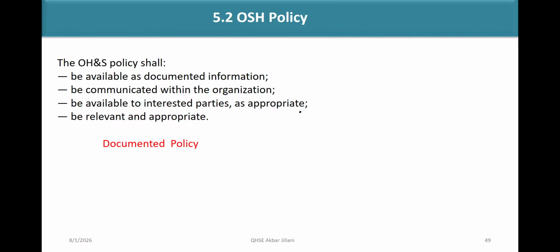Be available to interested parties as appropriate. Sometimes our client also needs a copy of the policy, so we also have to communicate it to them. Be relevant and appropriate.